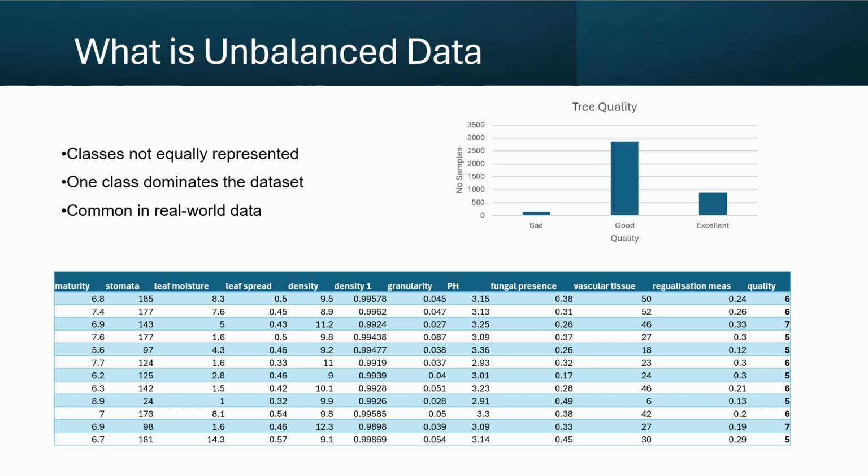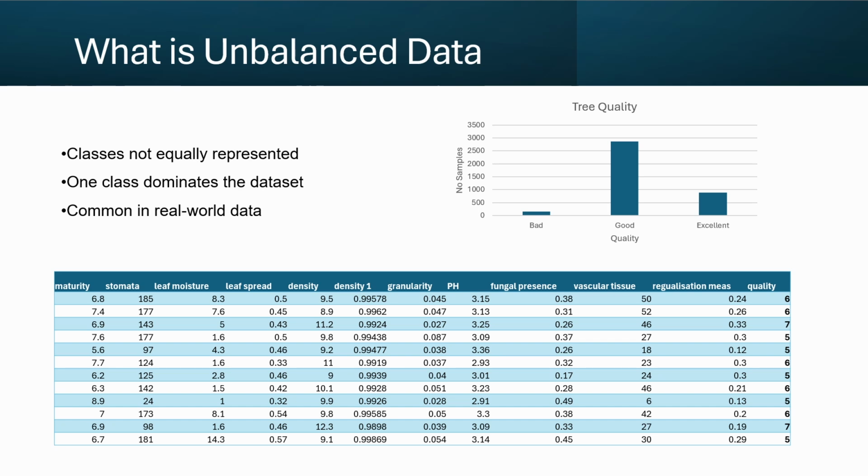And what you can see from it is that the good completely dominates out of the three qualities we have, it dominates by a lot. And I know I haven't mentioned it, but the bad quality is ranked from 1 to 4, good is 5 to 6, and then excellent is 7 to 10. And you can see that the good quality is completely dominating there.